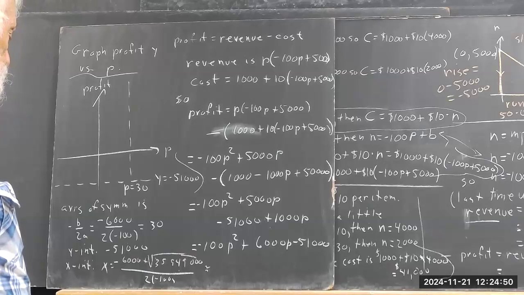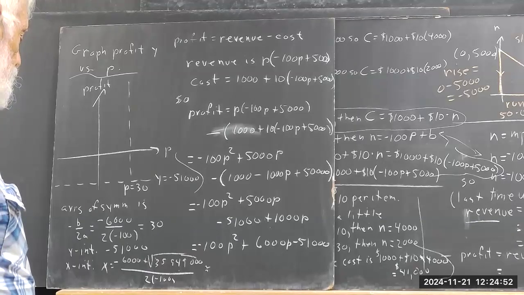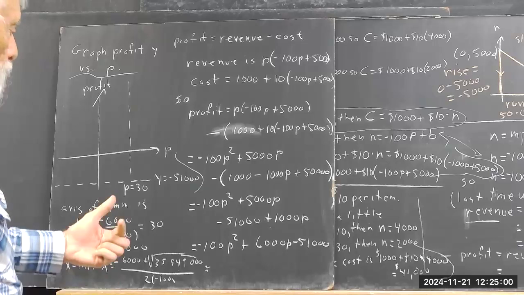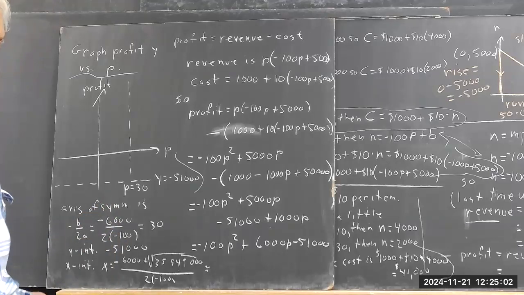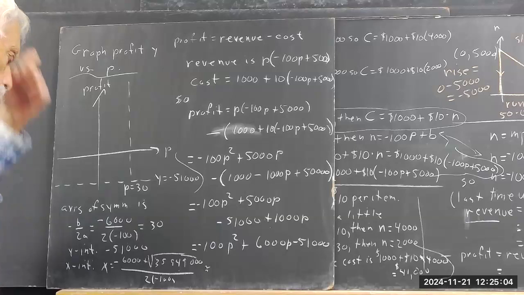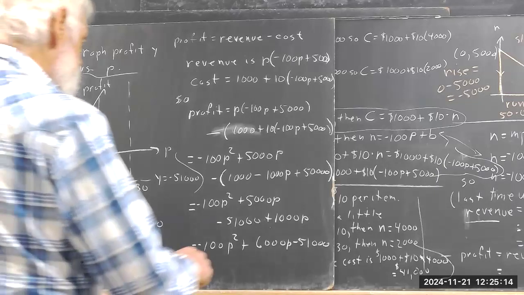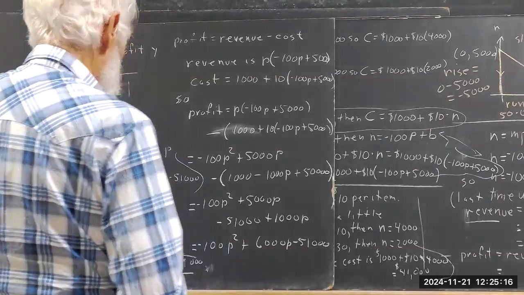That should be minus 4 times that, which is 4AC.